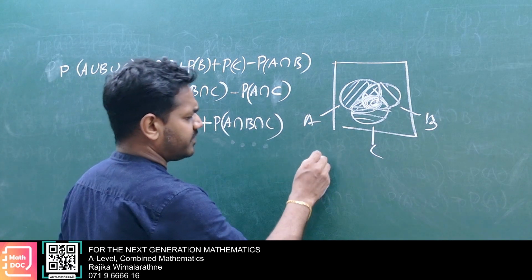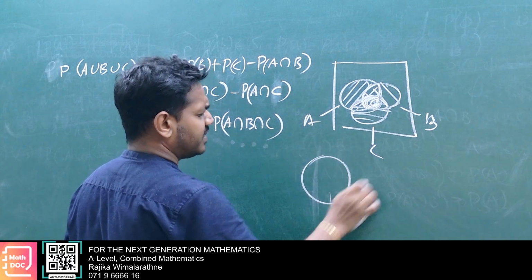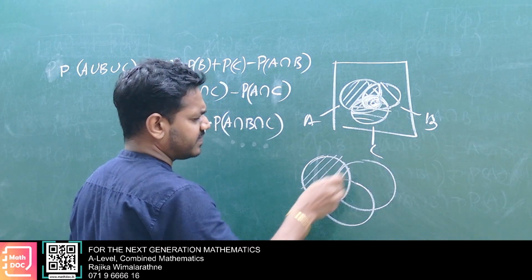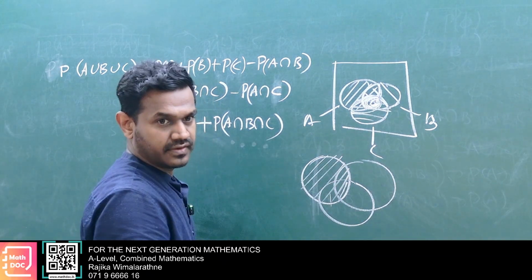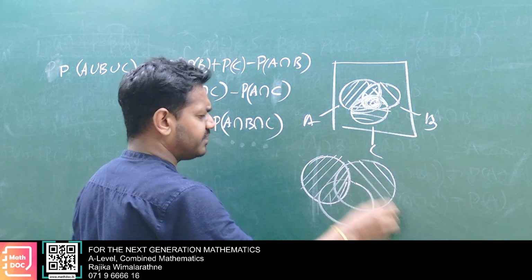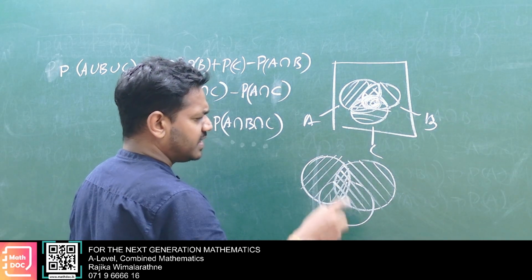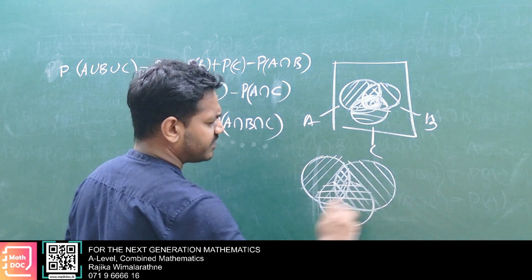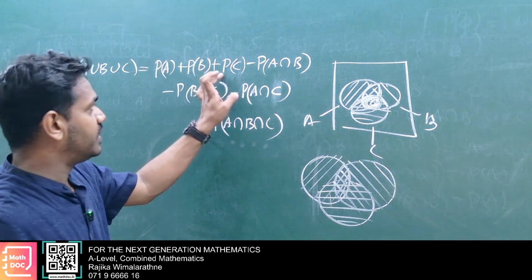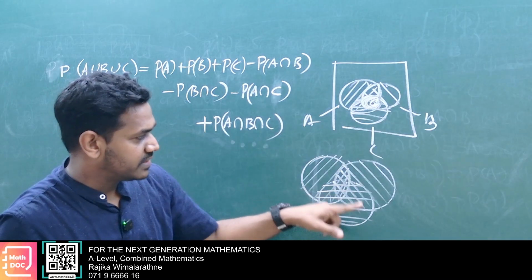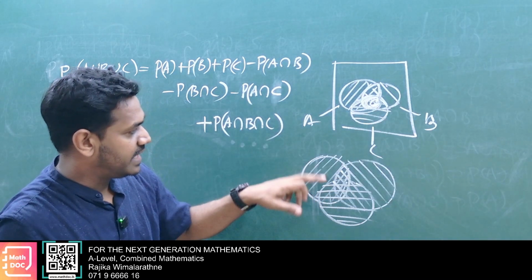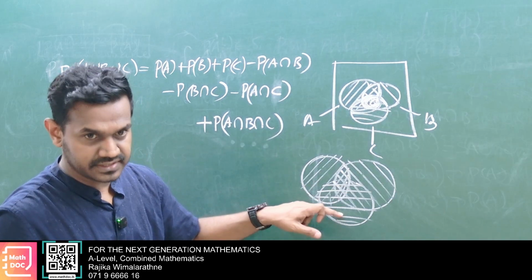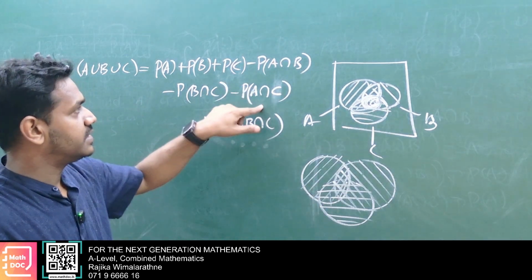Here this is P(A). Look clearly, here P(A), here P(B). Now this part is fully common. This is P(C). So you add them all. Then we have repeated two times A ∩ B, A ∩ C, B ∩ C. Now remove those.